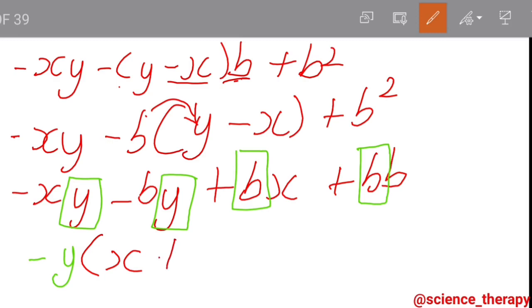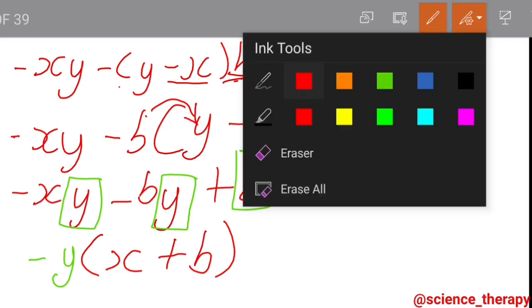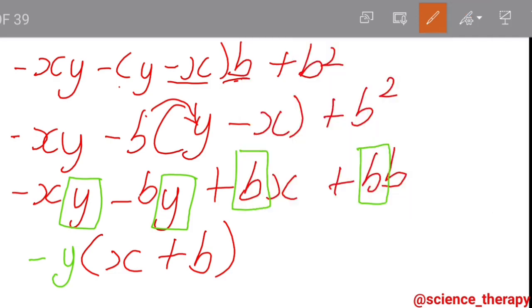So this will be plus b. So when we factor out the negative y here, we have plus b. So we factor out negative y, we are left with positive x. We factor out negative y from this side, we are only left with positive b.